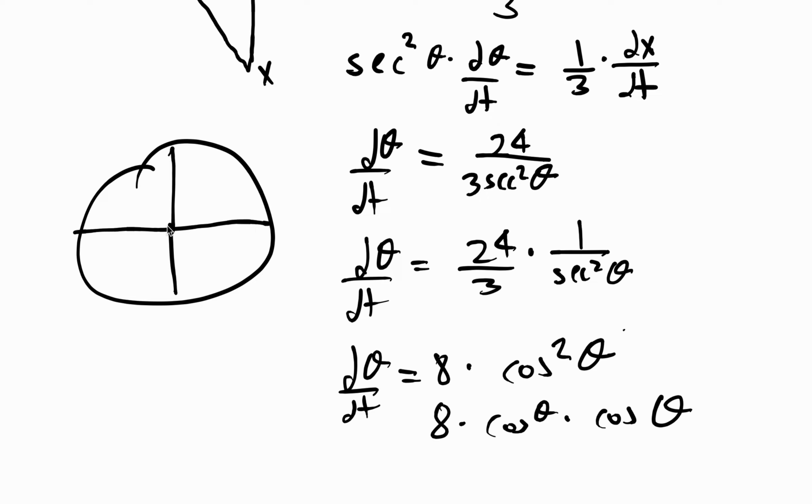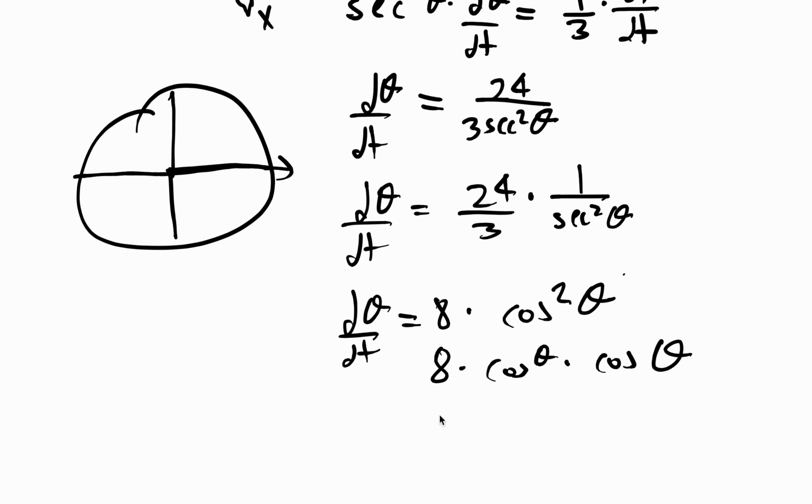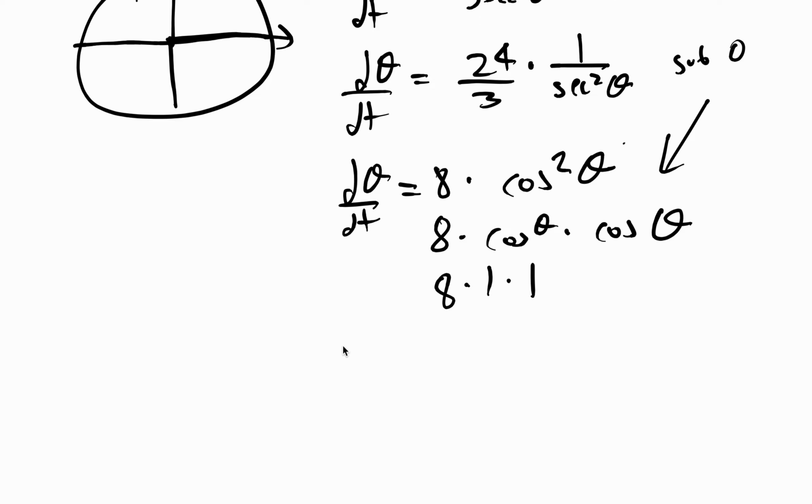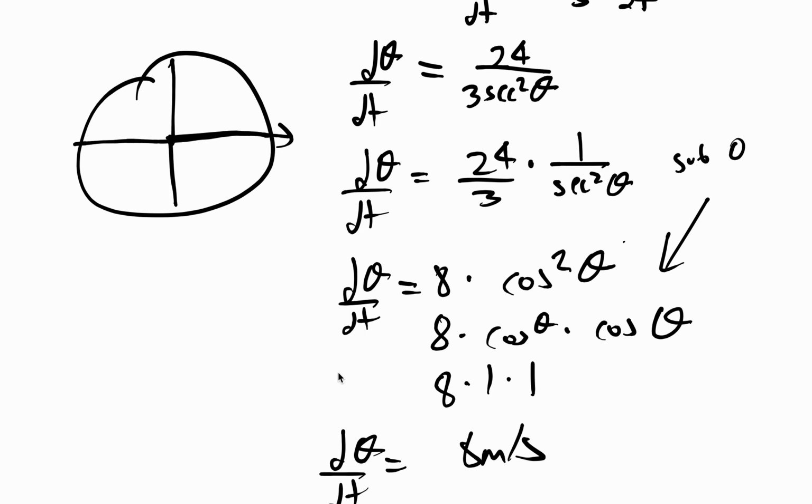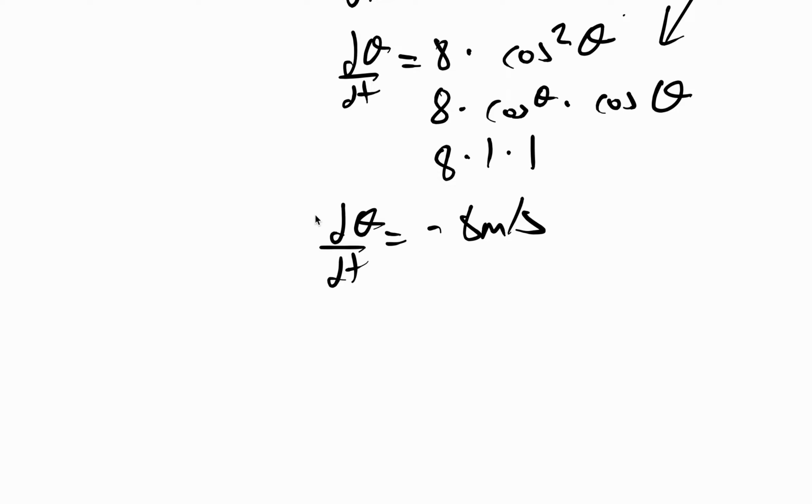At this point right there, cos theta is equal to 1, so cos of 0 is equal to 1. Substituting 0 radians into theta, 8 times 1 times 1, so d theta by dt is 8 radians per second if we take its magnitude. If we take direction, we know it's going downwards, so it's actually negative 8.